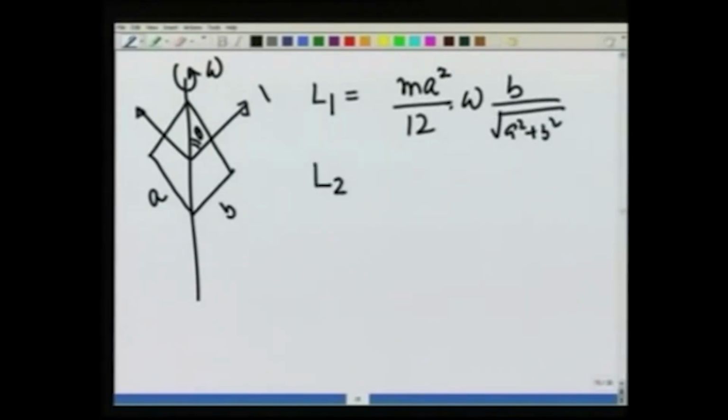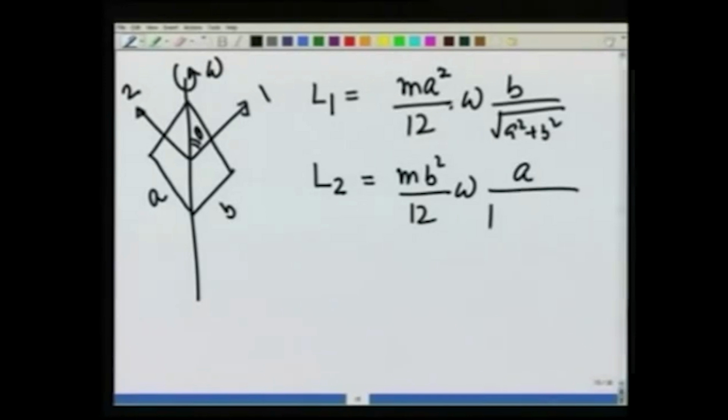Similarly, L2, this is axis 2, is going to be m b square over 12 omega sine theta, which is a over square root of a square plus b square, and L3 is 0.